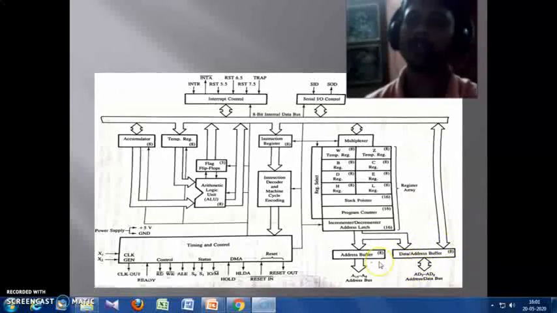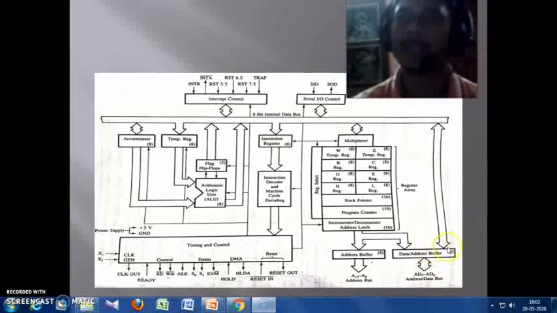Now after addressing, the data can be fetched from a particular memory and will be sent through the data bus, and it will come to the instruction register.